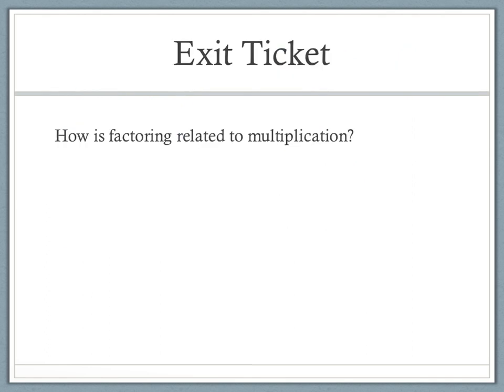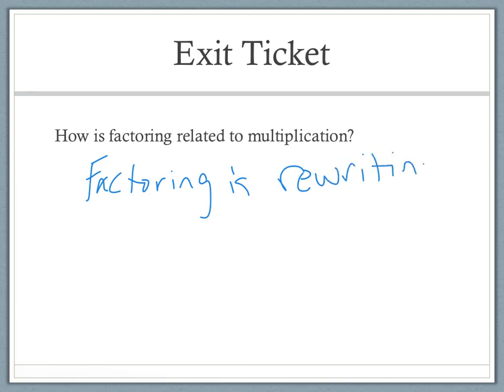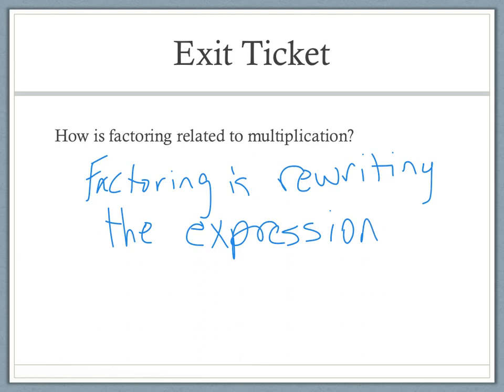All right, how is factoring related to multiplication? That's kind of the exit ticket, and that's kind of a big concept. Factoring is related to multiplication, okay, because factoring is just rewriting the expression as a product, which is multiplication.